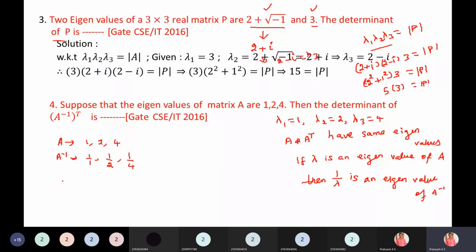A inverse and A transpose have the same eigenvalues, because A and A transpose have the same eigenvalues, so A inverse and A inverse transpose also have the same eigenvalues. So the determinant is the product of the eigenvalues, that is 1 by 8.